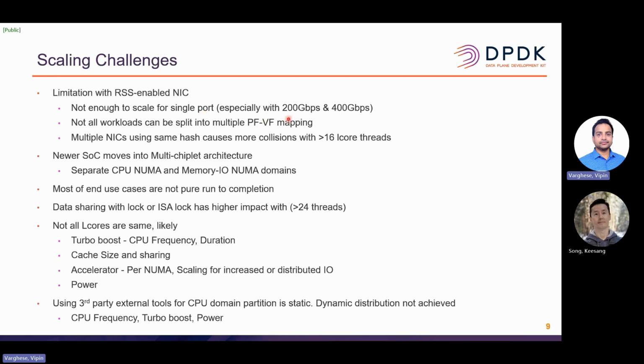But as soon as we hit 200 Gbps or 400 Gbps, single or multiple NICs, RSS scaling has certain conflicts. Let's take a simple example where we have two ConnectX-6 or two Broadcom Thor 200 gig NIC cards, and we enable the same inner 5-tuple RSS on them.